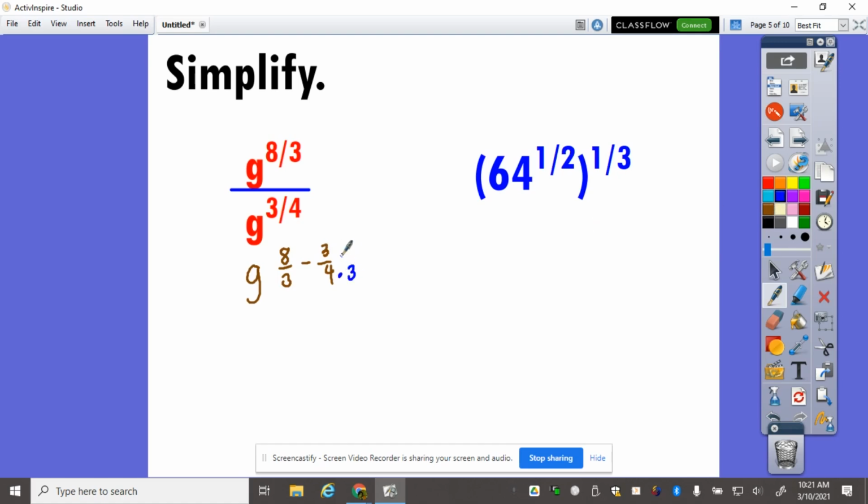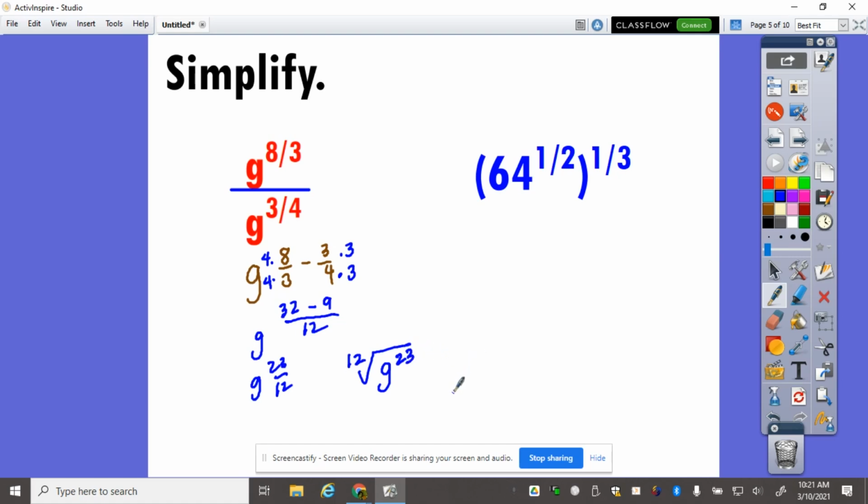Multiply this by 3, multiply this by 3, multiply this by 4, multiply this by 4. That will give me G to the 32 minus 9 over 12. 32 minus 9 will give me 23 over 12. So now I will put it in radical form. The 12 is the index and G to the 23 is the power.